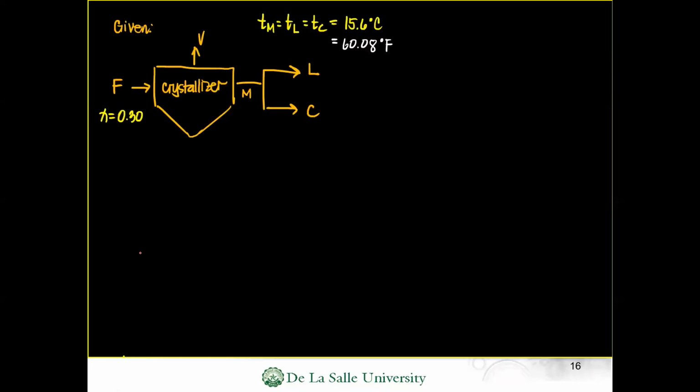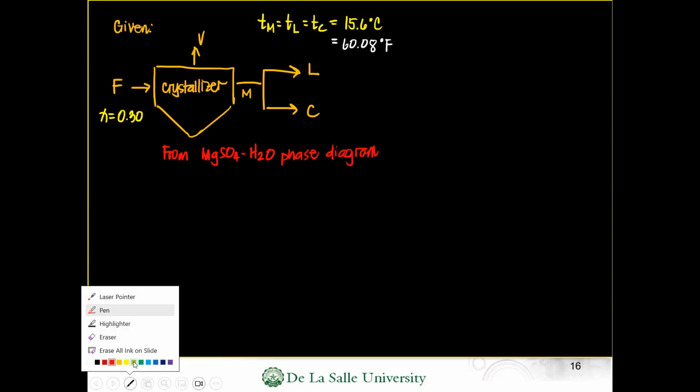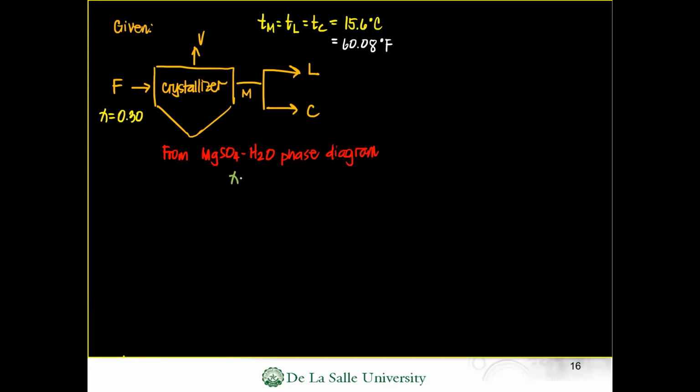So we will be using that in here from the magnesium sulfate water phase diagram. So I can see that at temperature 60 degrees Fahrenheit, the XL is 0.245 magnesium sulfate.